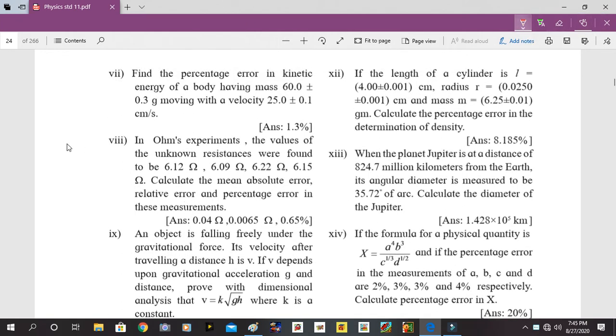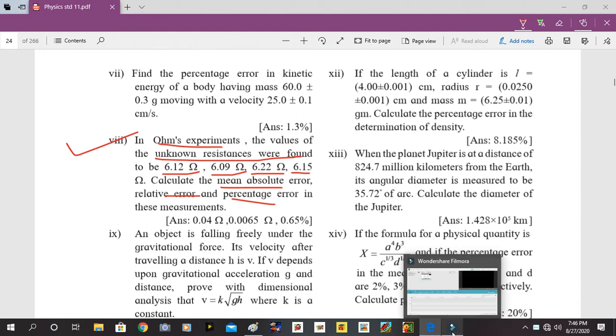Look at this example number 8. I will just dictate the terms which are involved in that example, then the rest of the calculation you will do. 6.12 ohm, 6.09 ohm, 6.22 ohm, and 6.15 ohm are the four values of unknown resistance found in an Ohm's experiment. We have to find out mean absolute error, relative error, and percentage error. So when we want to find out percentage error, we have to go with all the steps.